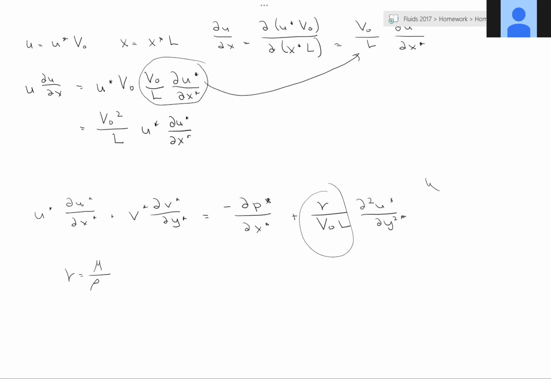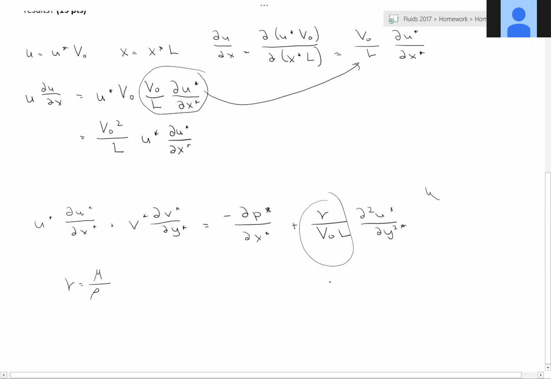What part is the Reynolds? So this is the Reynolds number, but it's actually 1 over the Reynolds number right here. So you generally expect 1 or maybe 2.